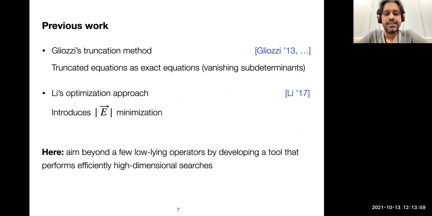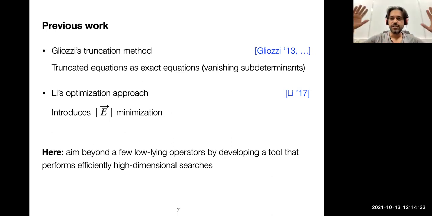Okay, so obviously this approach so far is not new. I think the first who proposed a similar approach was Gliozzi in 2013. He did essentially the same thing. He took these crossing equations and truncated them. One major difference with what I'm going to discuss here is that he truncated the equations and treated them as exact equations, although he still had an over-constrained system of equations, viewed as a system of linear equations for the OPE squared coefficients.